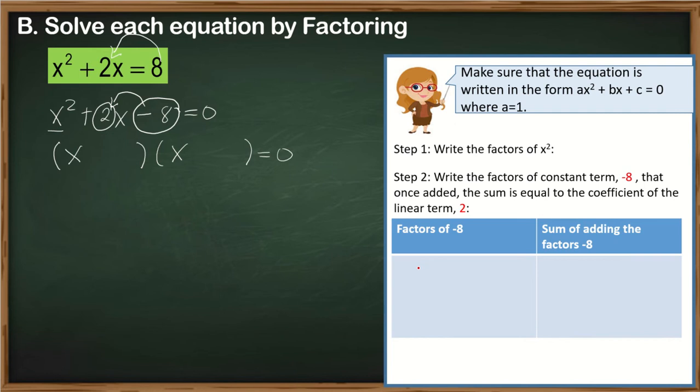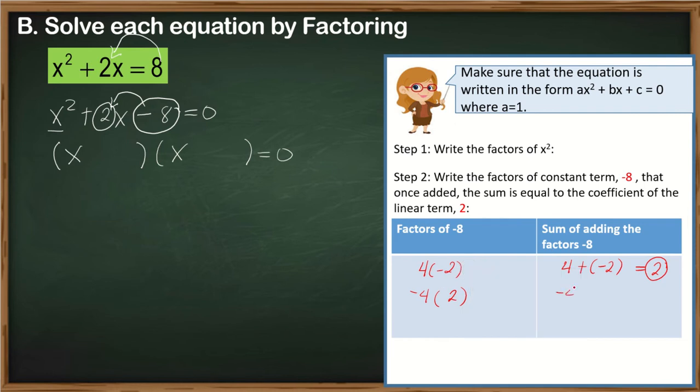So, pwede tayong mag 4 times negative 2, negative 4 times positive 2. Nasa kanilang dalawa lang. So, i-add natin 4 plus negative 2 is equal to 2. O, ito na agad. So, ibig sabihin, ito yung gagamitin natin at hindi ito.